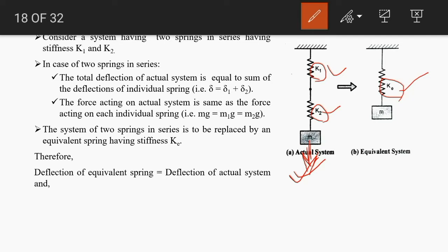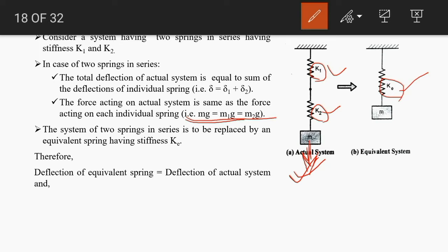So for this particular case, fs1 and fs2, that is, the spring force for spring number 1 and spring number 2, would be equal to mg. Let spring number 1 and spring number 2 take masses m1 and m2 respectively. Then we can say that in this case mg is equal to m1g is equal to m2g.